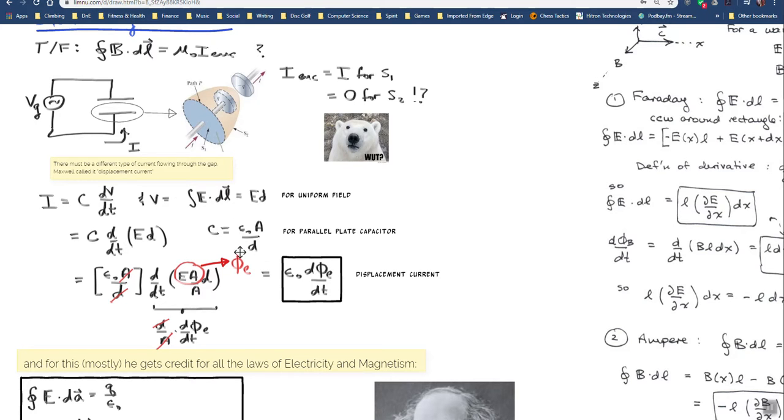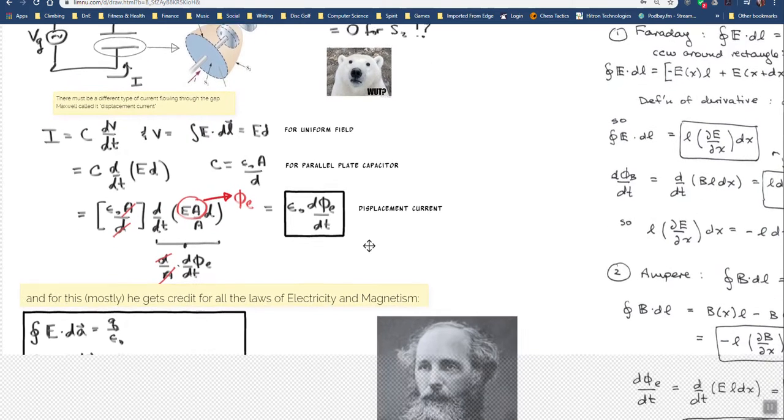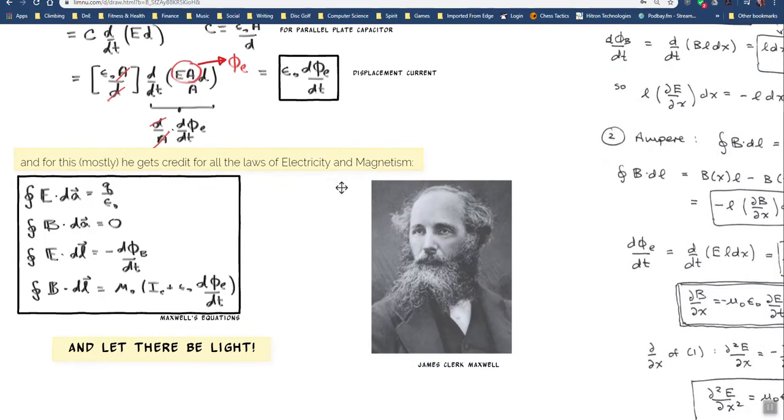And also I know that the capacitance of a parallel plate capacitor is the permittivity of free space times the area of the plate divided by the distance between them. So if I make that substitution as well, and I cancel out some stuff, I get exactly the same relationship that Maxwell derived. I love doing this because hopefully it would help you see that if you had been around at that time, you could put these two simple ideas together, and you too could have come up with an expression for displacement current, and then all the laws of electricity and magnetism would have had your name instead of Maxwell's name.